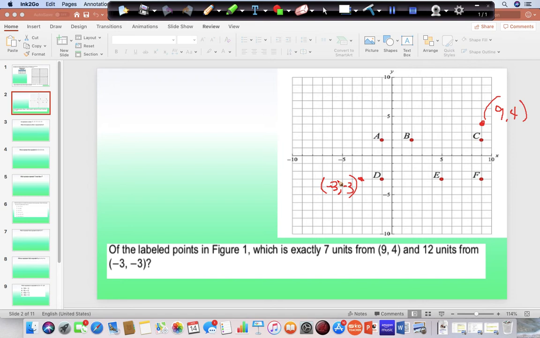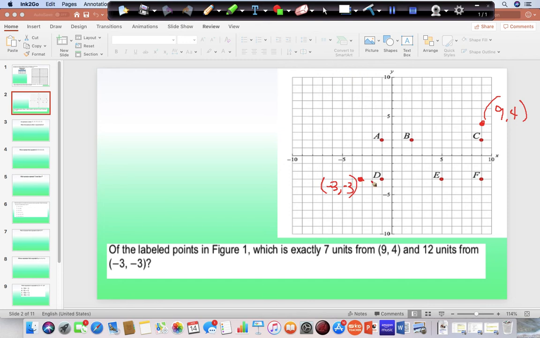So if I wanted to figure out if this was 12 units away from (-3, -3), I'm either going to go left, up, to the right, or down. Well, if we go down, that's not 12 units. And if we go left, there's not enough room for 12 units. And if we go up, there are no labeled points around 12 units.